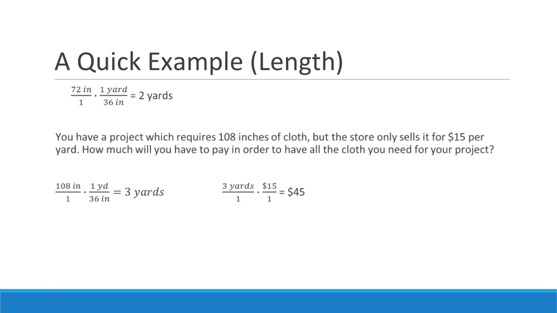How much will you have to pay in order to have all of the cloth you need for your project? So you know that you start off with 108 inches of cloth, right? So we need to convert that into an amount that the store sells it for. So what do we need? We need to find yards, right?